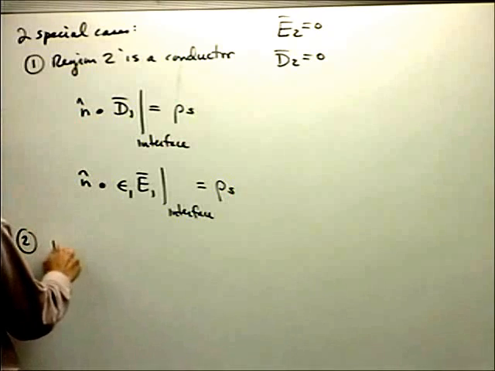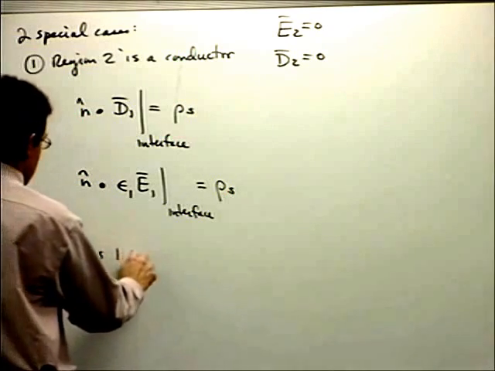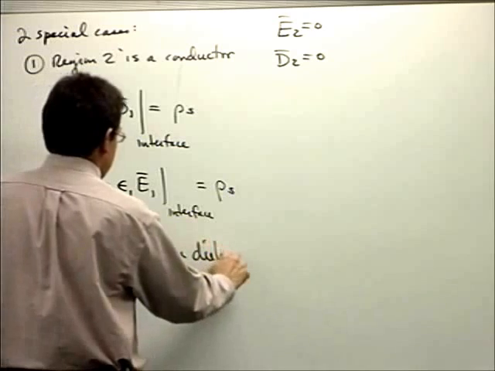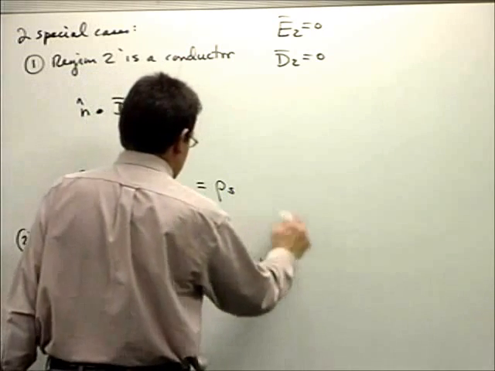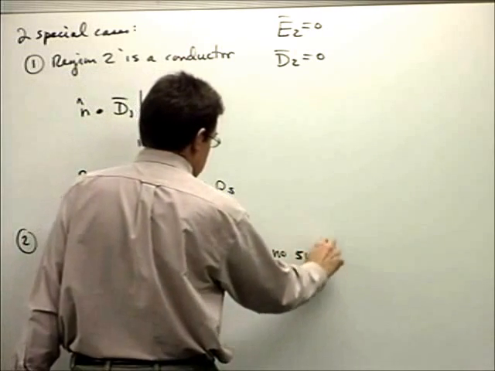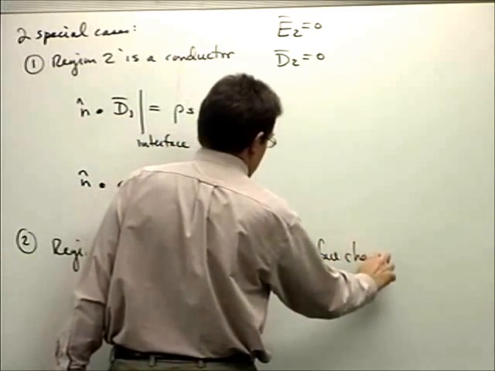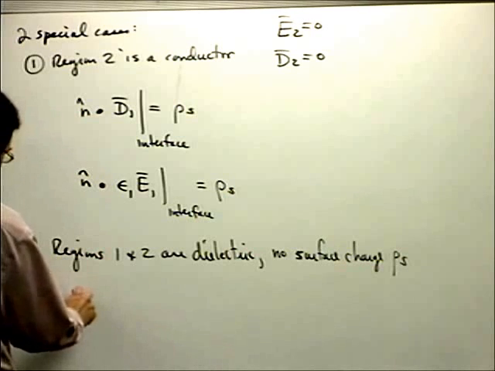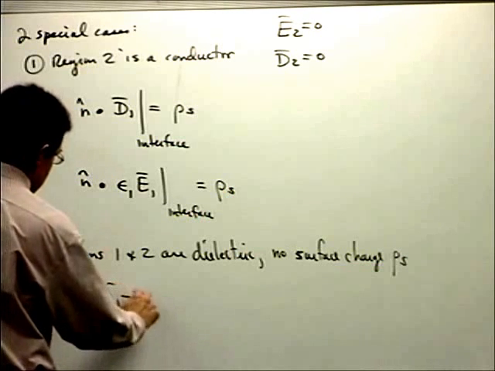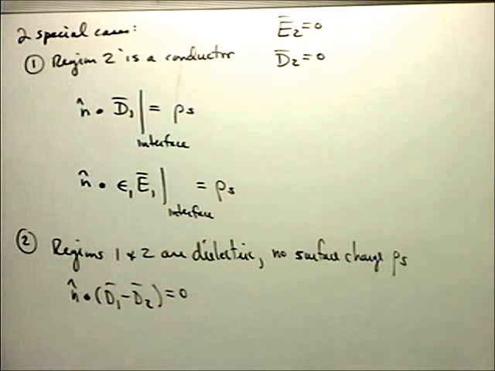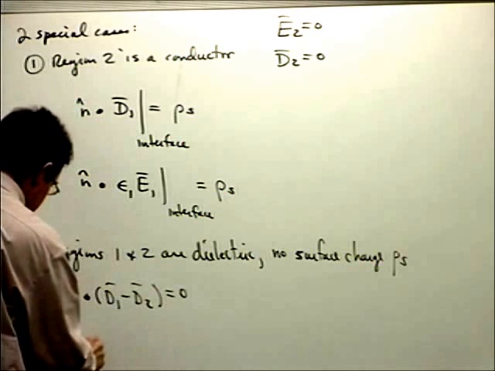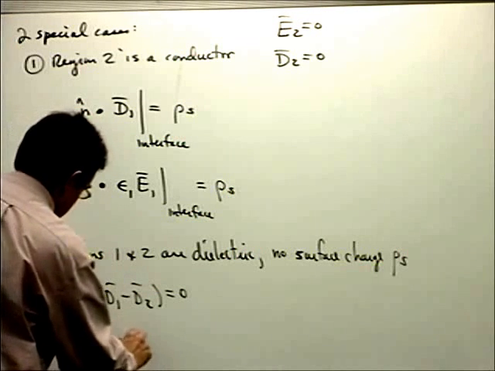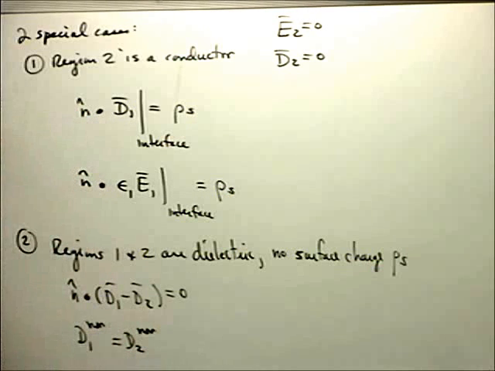The other special case is if regions 1 and 2 are both dielectric, and usually that implies that there's no surface charge on the interface. Okay. So then we're back to this condition here, but it has a 0 on the other side. So we could write it as n dot (D1 minus D2) equals 0, or we could write it as D1 normal equals D2 normal.